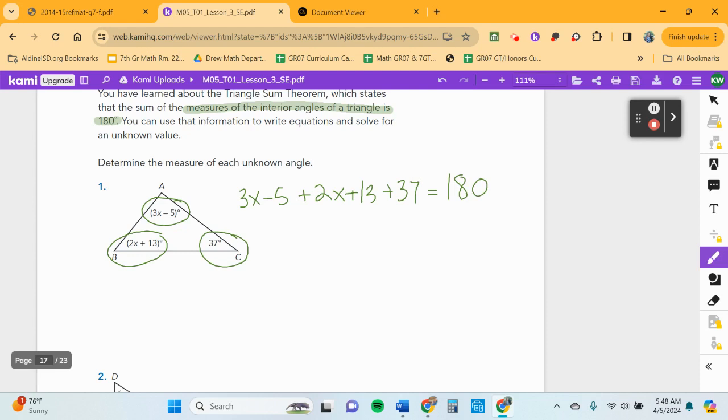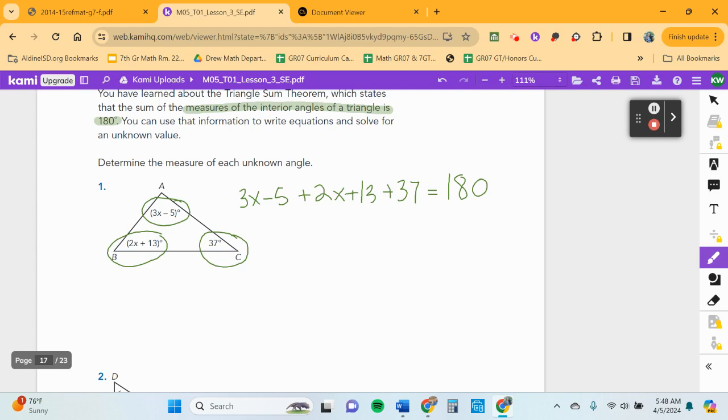Alrighty, there is our equation. Now we have to solve for x. And when we solve for x, we're then going to plug it back into those expressions inside those interior angles to find out what the measure of angle A and angle B is.